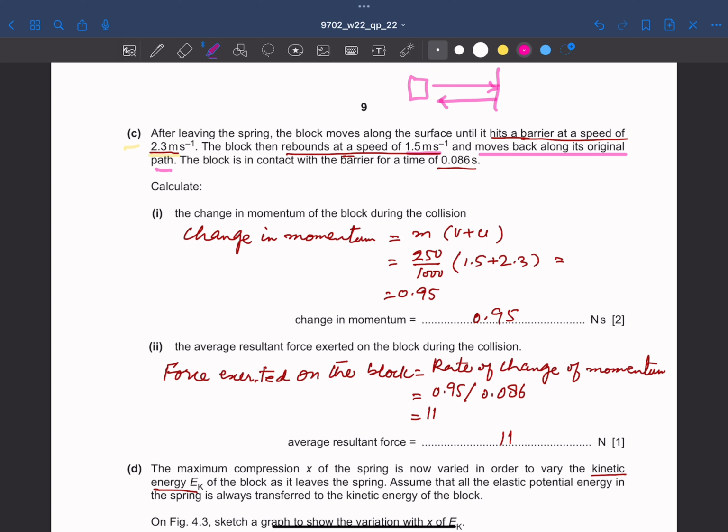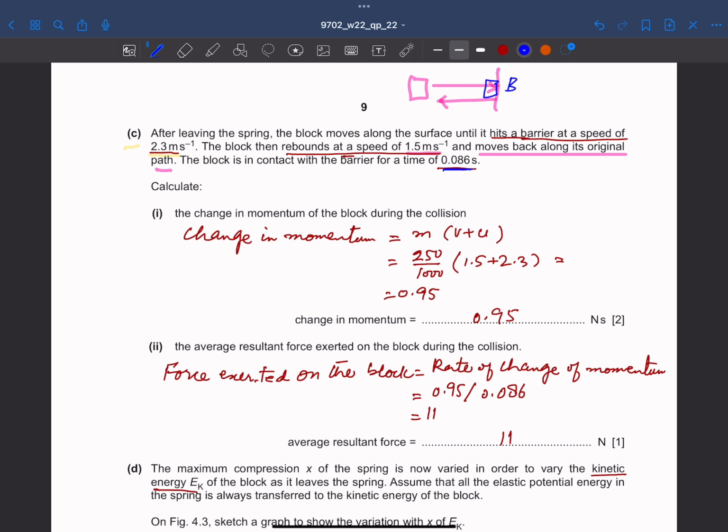The block is in contact with the barrier for a time of 0.086 second. So this is your barrier here. For a very small interval of time, the block is in contact over here, and then of course its momentum changes.